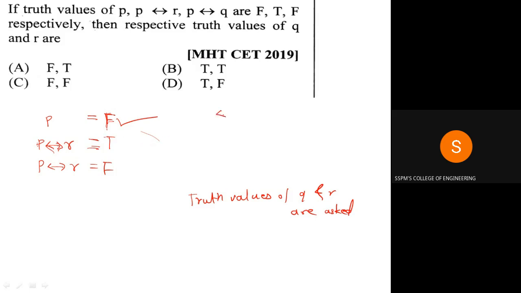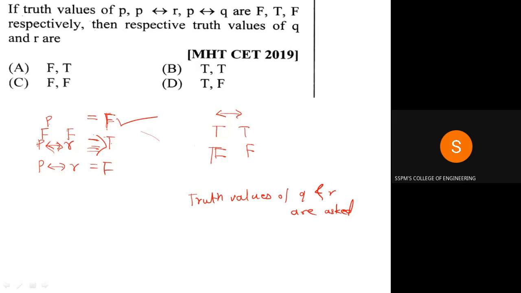It is true only when both the results are true or both the results are false. The value of P here is F, so R has to be also F. Only then the result of P implies and implied by R is true.